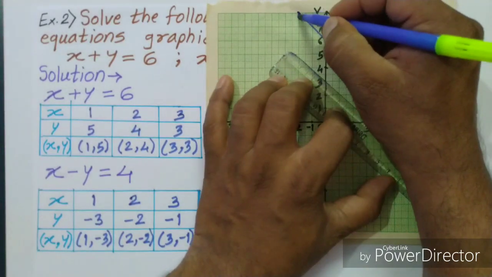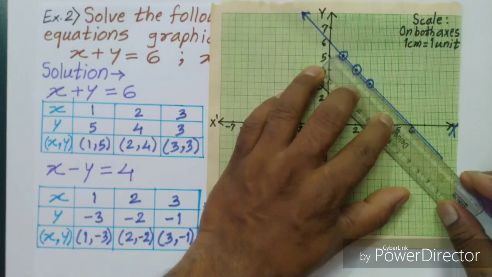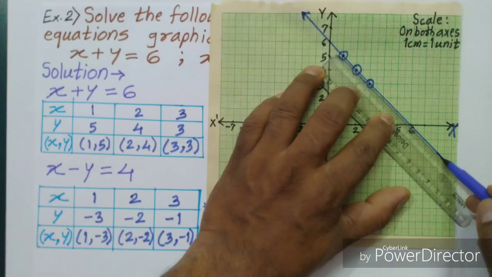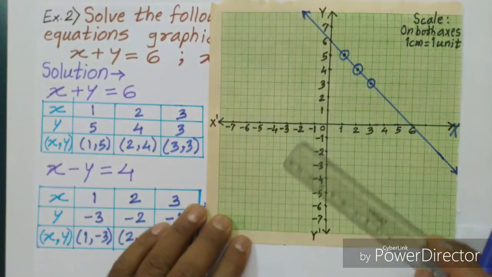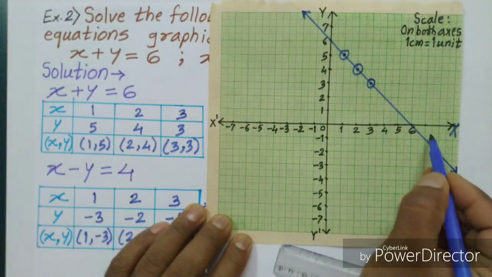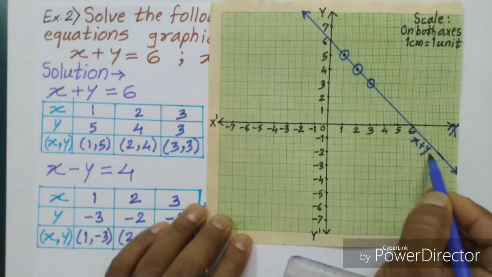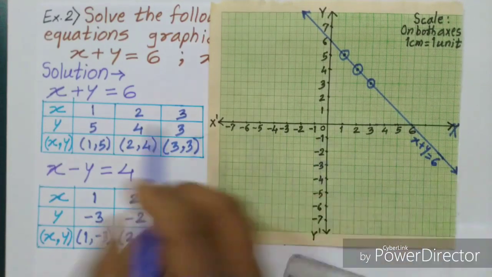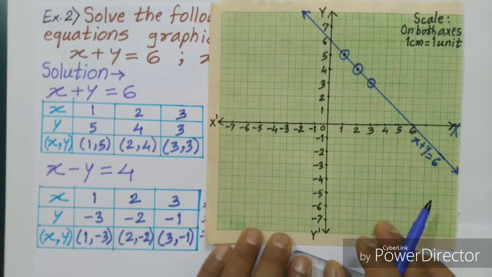Draw a straight line. Here we complete a straight line for the first equation, x plus y is equal to 6. The first equation we draw here as a straight line.